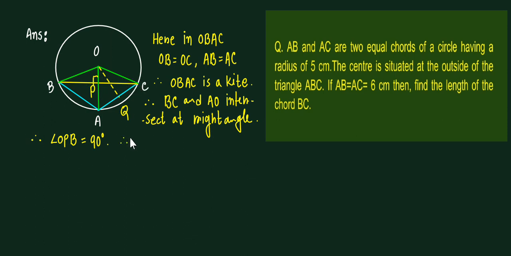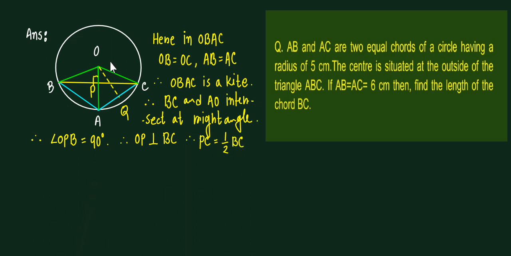So we can write, therefore OP perpendicular BC. Therefore PC equals to half of BC, as perpendicular from center on a chord bisects that chord. So OP bisects BC, so we have PC equal to half of BC.